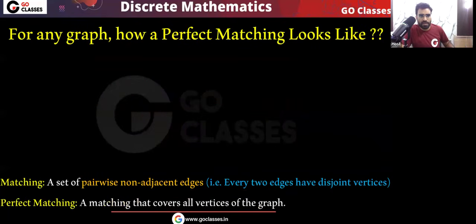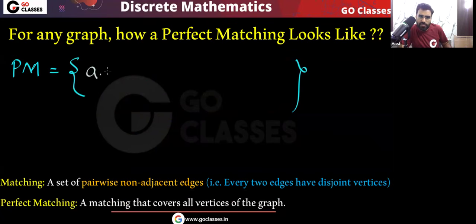Very simple. Now, how does a perfect matching look? A perfect matching is a matching which covers all the vertices. If you have a perfect matching, let's call it PM. Of course, it is a matching, so it is a set of pairwise non-adjacent edges, like A1 B1, A2 B2, A3 B3, and so on, AK BK.